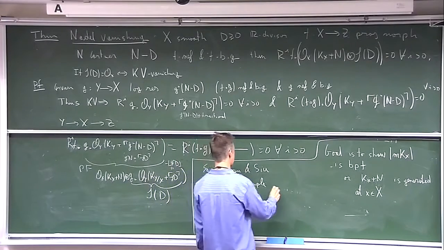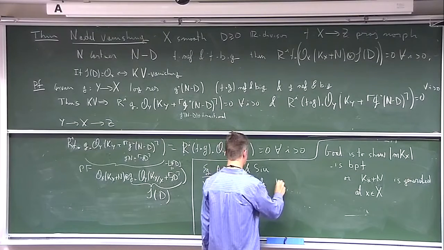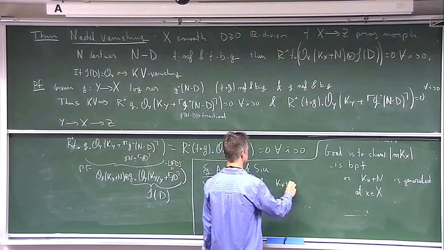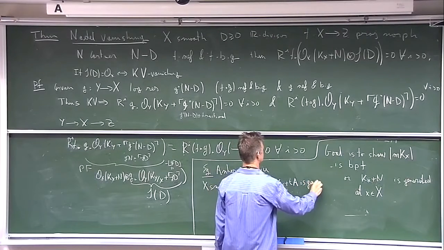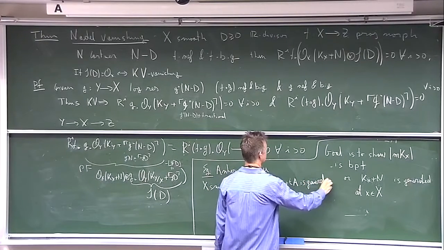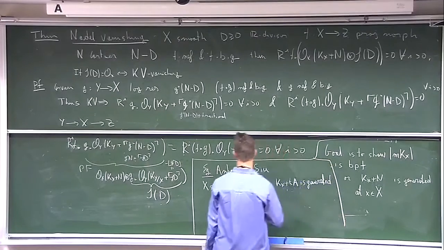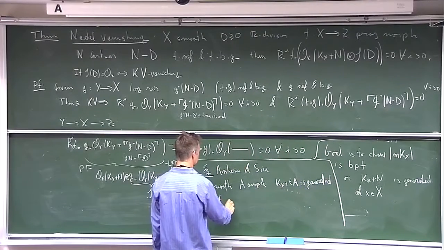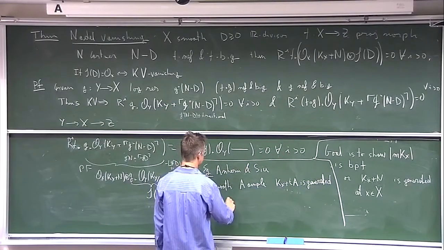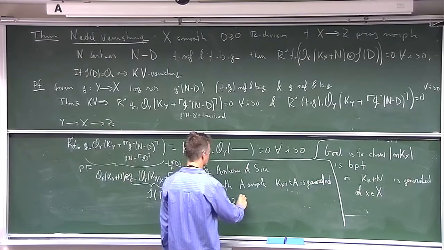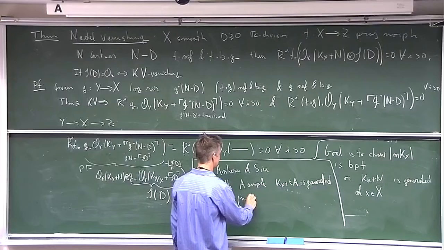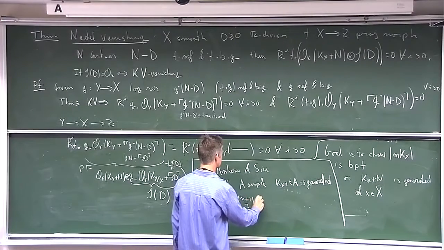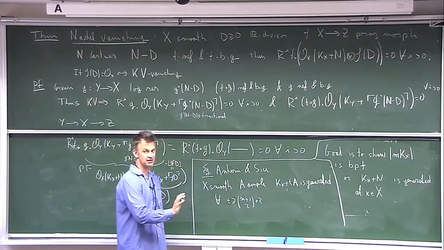Then K_X plus tA is generated, is base point free, for every integer t greater or equal to, okay, let me play it just slightly safe, (n+1 choose 2) plus 2, it might just be plus 1. Plus 1 should be enough.